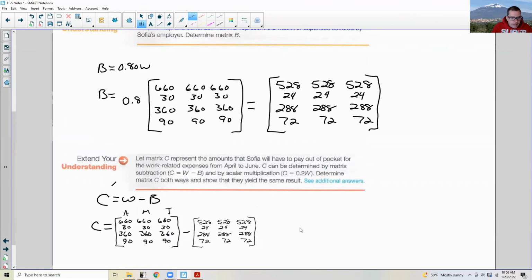Then C is going to be, this is not scalar subtraction, this is matrix subtraction. So we're taking W minus B. W is 660, 330, and then the 528.